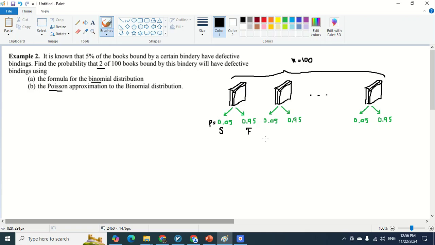If x denotes the number of defective books, let me write it over here.